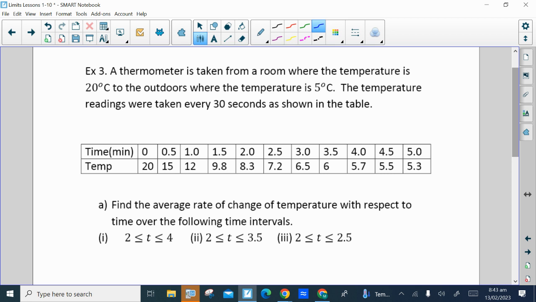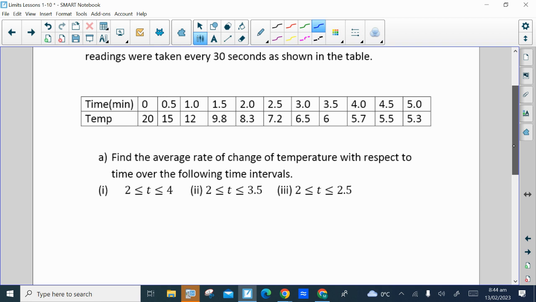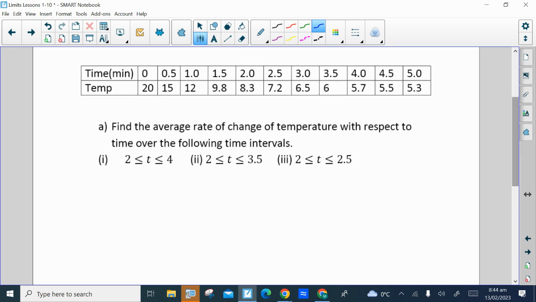So if you use the slope formula, y2 minus y1 would be 270 minus 0 on top over 3 minus 0 on the bottom. That gave us our 270 over 3, or 90 kilometers per hour. So basically you're using the slope formula if you want to find the average rate of change between two time intervals.